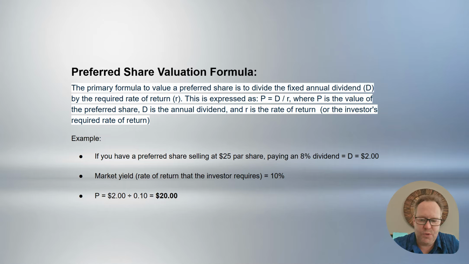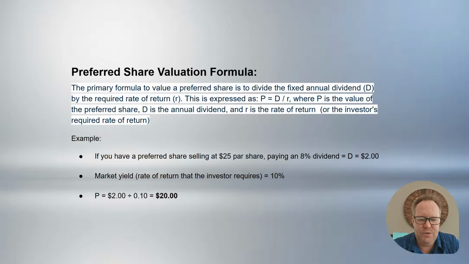The market yield or the rate of return that the investor requires, if it's 10% in order for an investor to invest in this preferred share, given the formula of P equals D over R, P would be $20.